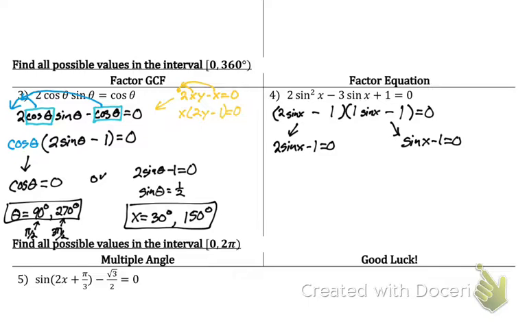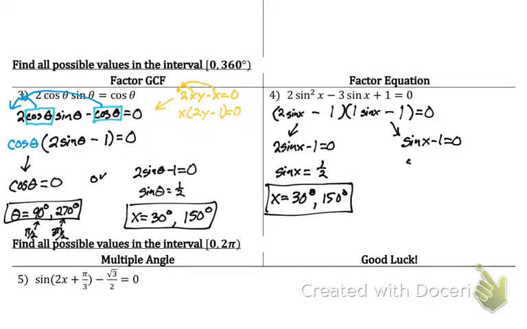If 2 sine x minus 1 equals 0, I'm going to rewrite that as sine x equals, we would add 1, divide by 2, so that would be 1/2. Well, didn't we already get those values on the other side? So let's just keep rolling. That would be 30 degrees and 150 degrees. Coolio.